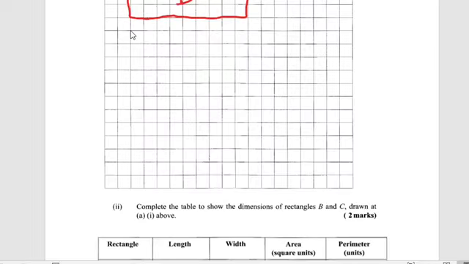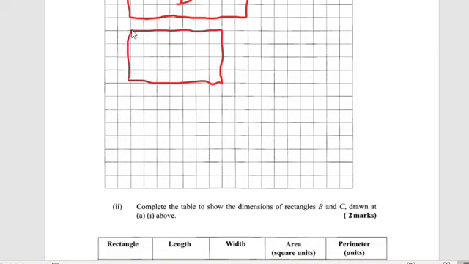Rectangle C of 32 square units and perimeter 24 units again, and we're required to label and draw this. So now looking at this, it will be 8 and 4. So it will be 1, 2, 3, 4, 5, 6, 7, 8, 1, 2, 3, 4, and then across to complete our rectangle.